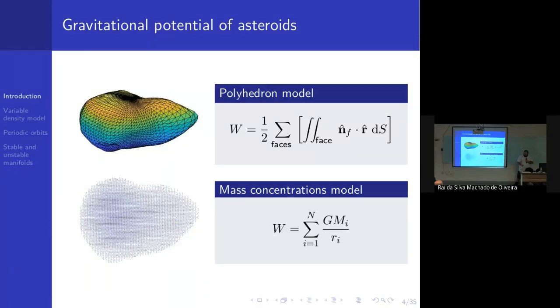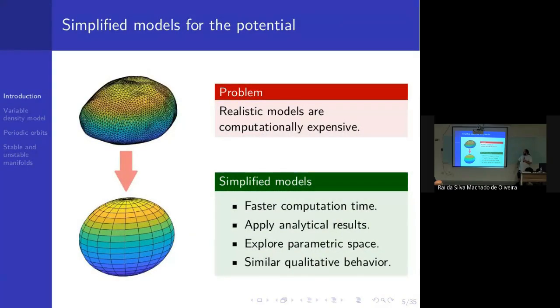However, this has the inconvenience that these models are computationally expensive. And for the kind of study that we want to do, which is a qualitative study, this is really bad because we need to compute the potential many times at some point. So we want it to be fast. What do we do then?